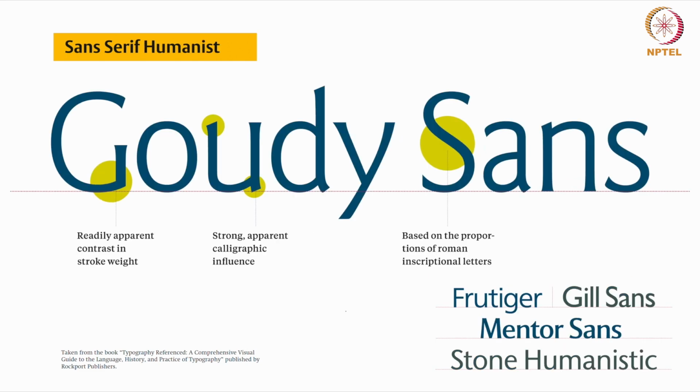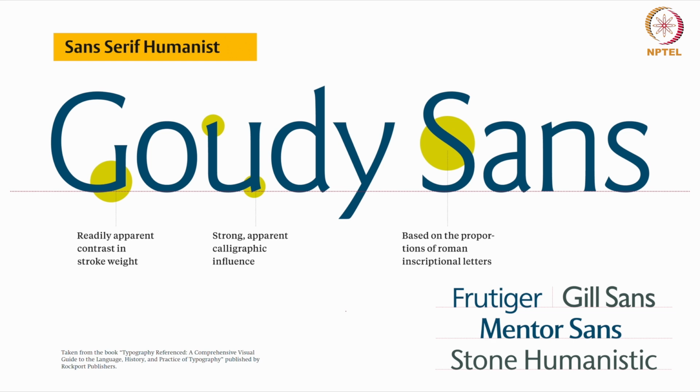All right. So moving ahead, humanist sans serifs are influenced by traditional calligraphy. You can see the touch and feel of calligraphic strokes within the font, and Gaudi Sans is one of the very interesting fonts. They are influenced by traditional calligraphy with subtle variation in stroke width and more organic letterforms.